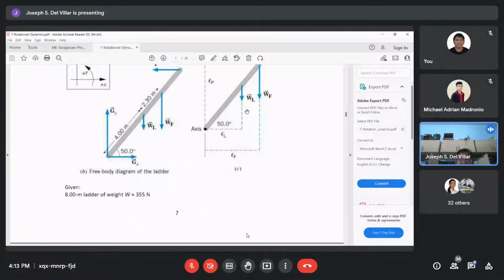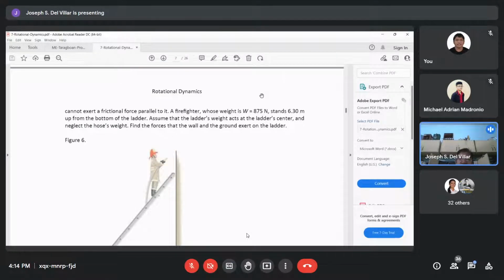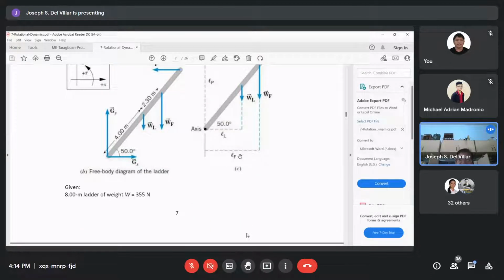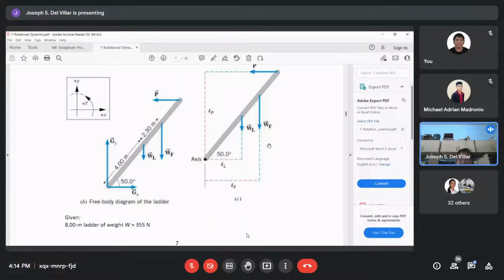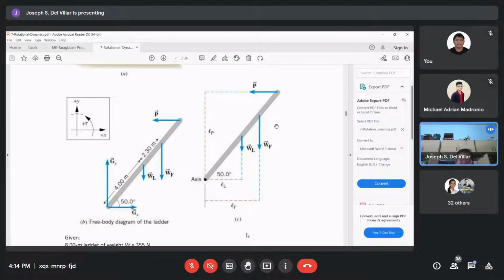So, minus WL times L sub L. Alam natin yung L sub L, di ba? 4 cosine ng 50. So, meron yan. Minus WF, meron tayong WF. Weight of the fireman, 875. LF, meron tayo. And that is 8 cosine ng 50. Okay? So, equal to 0. So, in effect, P lang yung unknown. So, you can solve for P. Okay? You can solve for P.